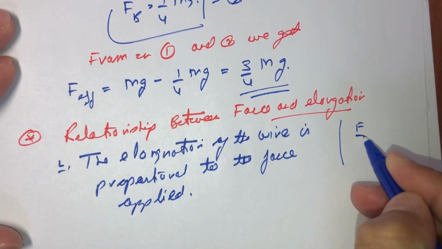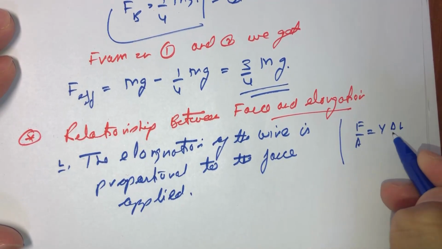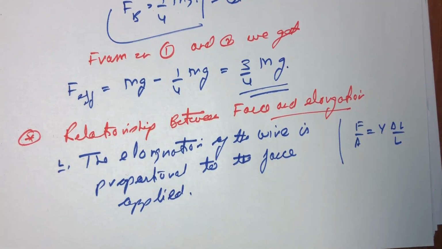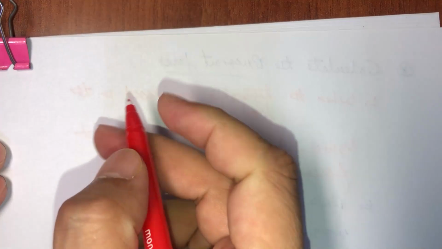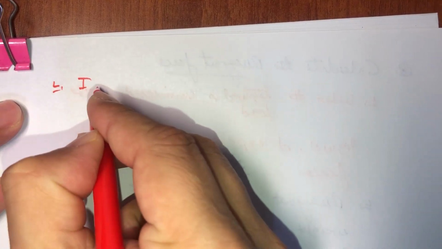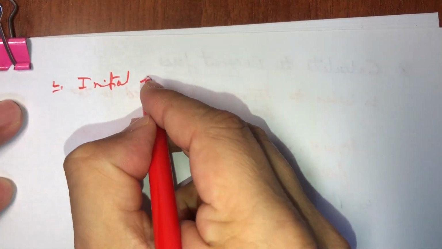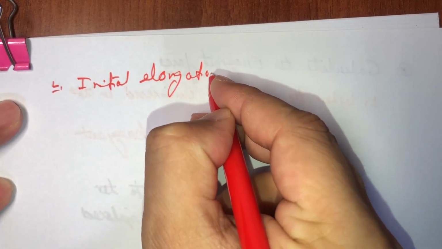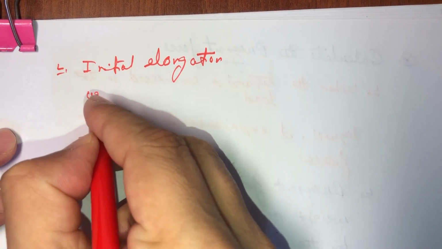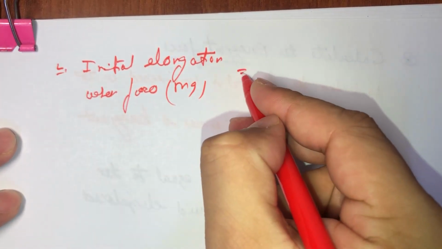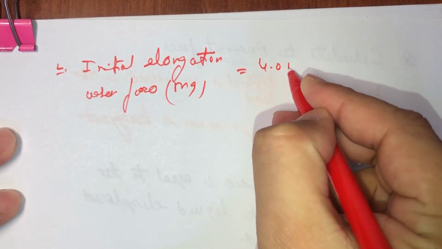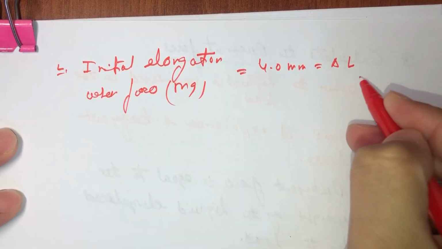So we know that F upon A is equal to Y delta L upon L. And in the question itself, it is given that the initial elongation is 4 mm, and the elongation is represented as delta L. So we can say the initial elongation when the force is mg is equal to 4.0 mm, and let us call that delta L initial.